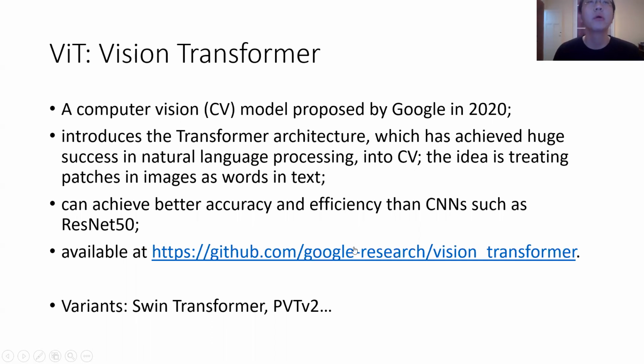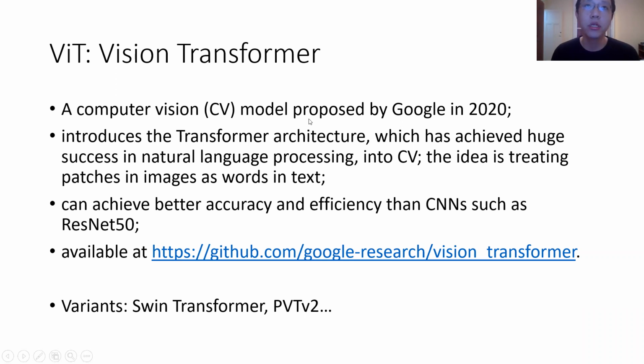And finally, we're going to have something really fashionable that is really new, but has seen huge success in the past one or two years, which is called ViT, or Vision Transformer. If you can recall, the two open source NLP models we just discussed both have the word transformer in them, because the transformer is a very strong model for processing text data.